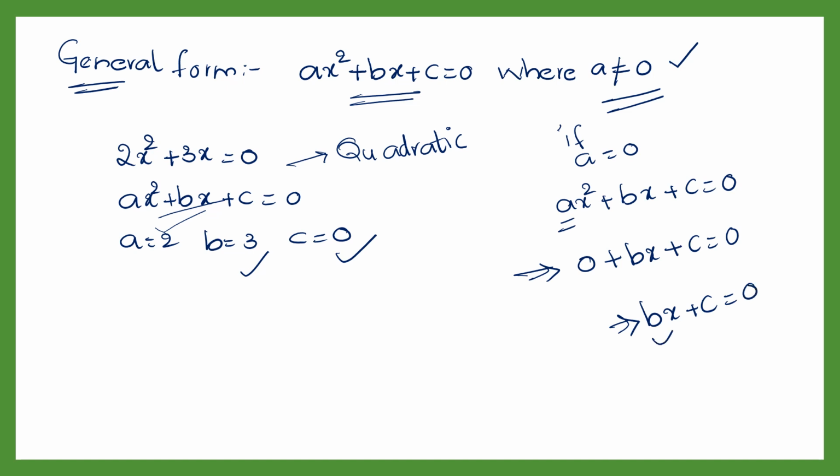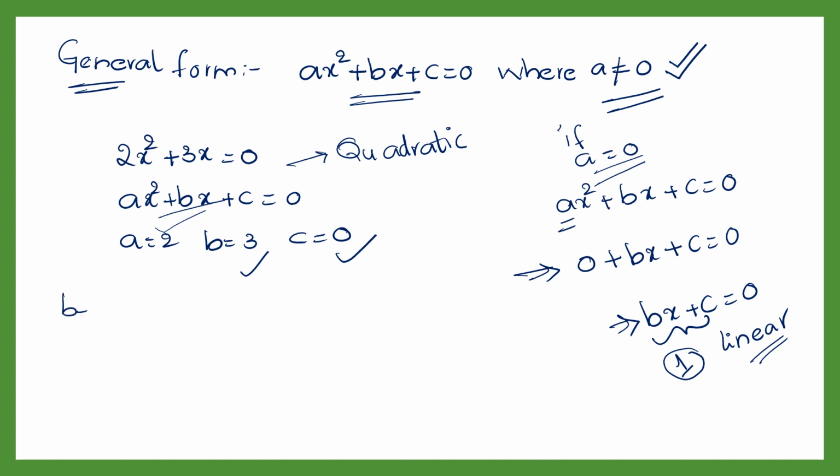Here if you check the degree, the degree is the highest power of the variable. Here the highest power of x is 1, so the equation will become a linear equation. That is why they put a condition for the general form of a quadratic equation as a not equal to 0. If a becomes 0, the equation will become a linear equation. So the condition we should check is that for a quadratic equation a should not be equal to 0.